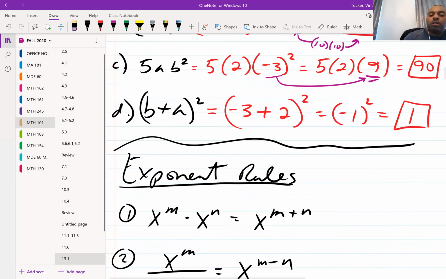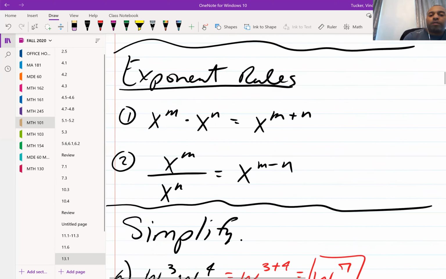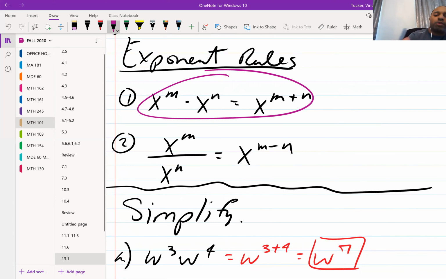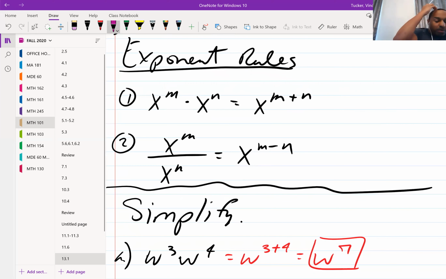All right. So next we're looking at exponent rules. They gave us 2 of them, got 10 altogether, but they gave us 2 of them first to implement. And so the first one, notice our bases are alike. X is our base. So whenever you multiply like bases, you add your exponents.